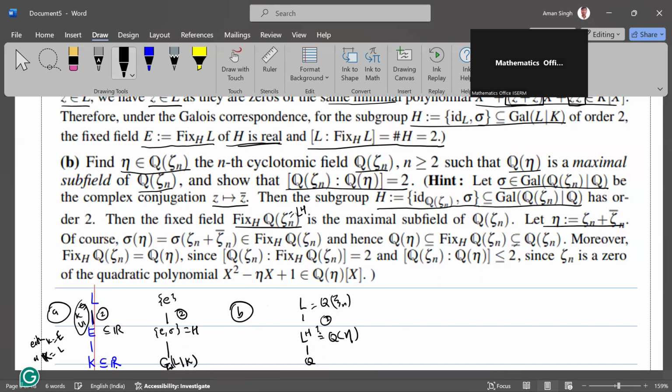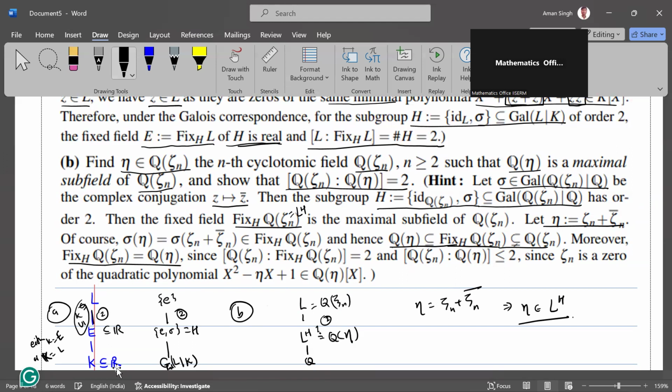Let eta be this. Then eta is fixed. This implies eta belongs to L^H, because its conjugate, eta conjugate, is eta only. So it is a subset of L^H, and particularly Q(eta) becomes a subset of the fixed field, and the fixed field is anyway a subset of the bigger field. Moreover, this fixed field is explicitly equal to Q(eta).